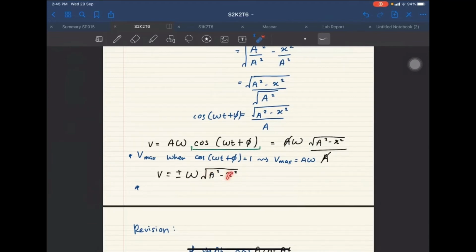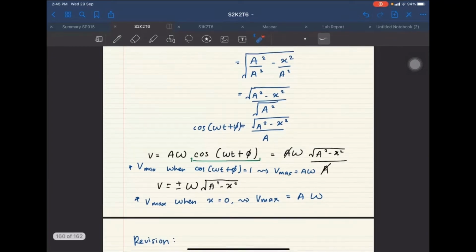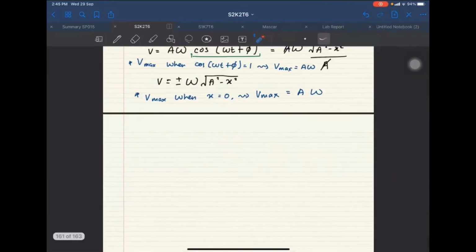Kalau X saya A, dia cancel out, dia jadi everything jadi 0. Itu V minimum. Betul tak? Betul sir. So, V max when X equals to 0. Yang mana V max will be equals to A omega. So, sama dengan atas ni. Okay. Which is true lah. Memang kita buat benda sama.